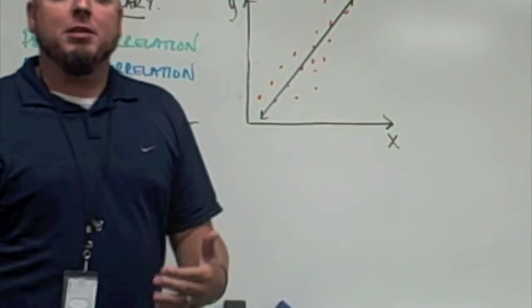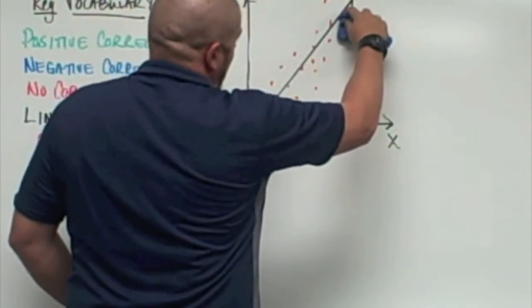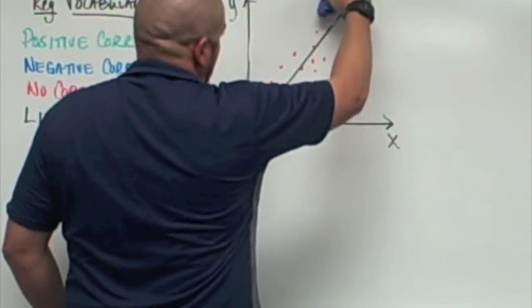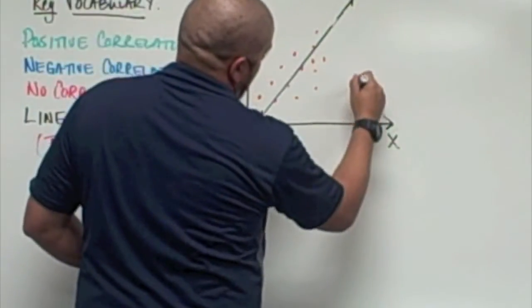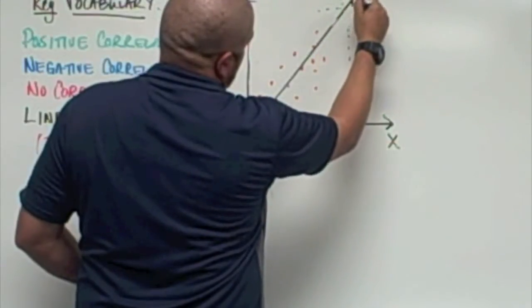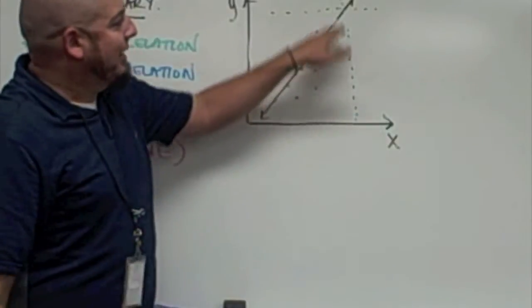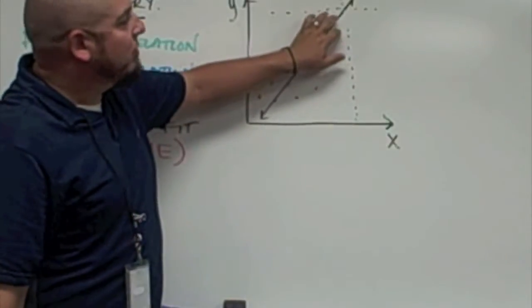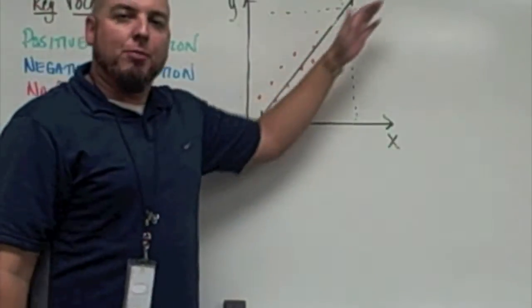It also helps us predict. If I erase these dots up here, can I predict what's going to happen up here? Wouldn't I assume or guess based on my trend line that I'm going to have some more dots right here? So this helps us predict future information.